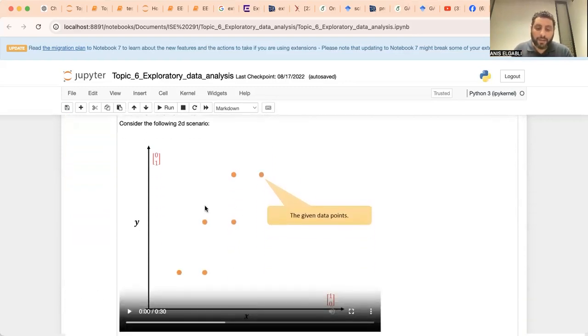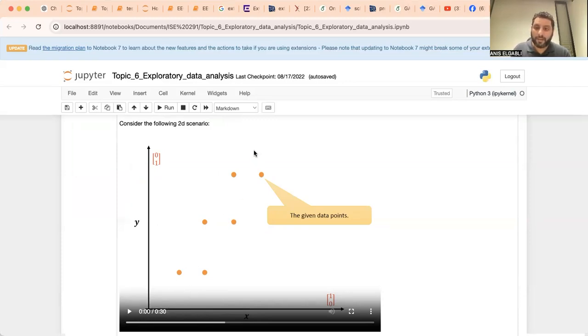Let's look at this video here. Here we have these data points. Every one of them is represented by two coordinates, x and y, so each one of them lives in the 2D space. If I want to project it into 1D space, which coordinate should I come up with?